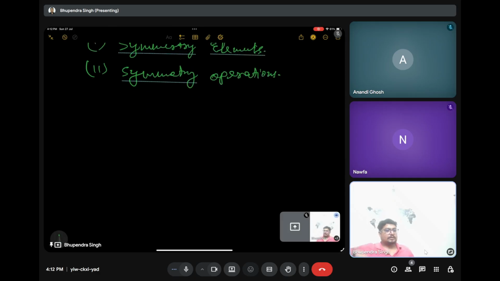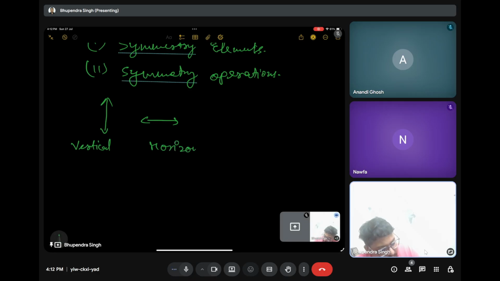Let's say in this one, this is vertical and this is horizontal.